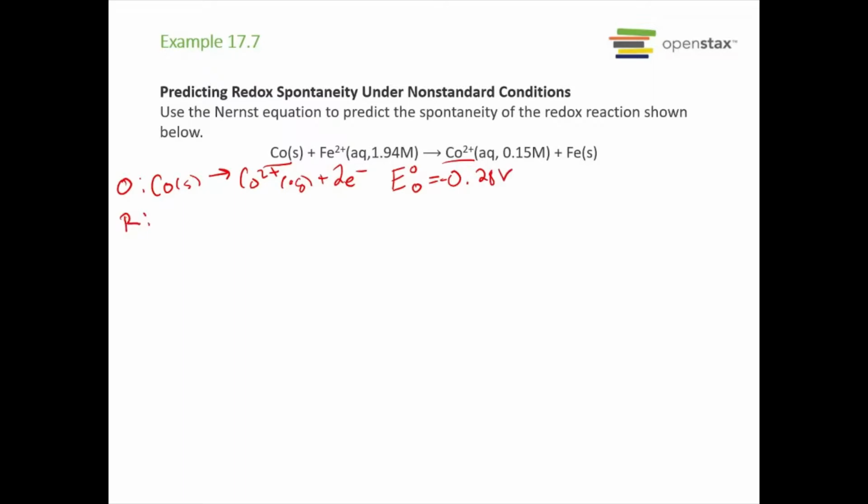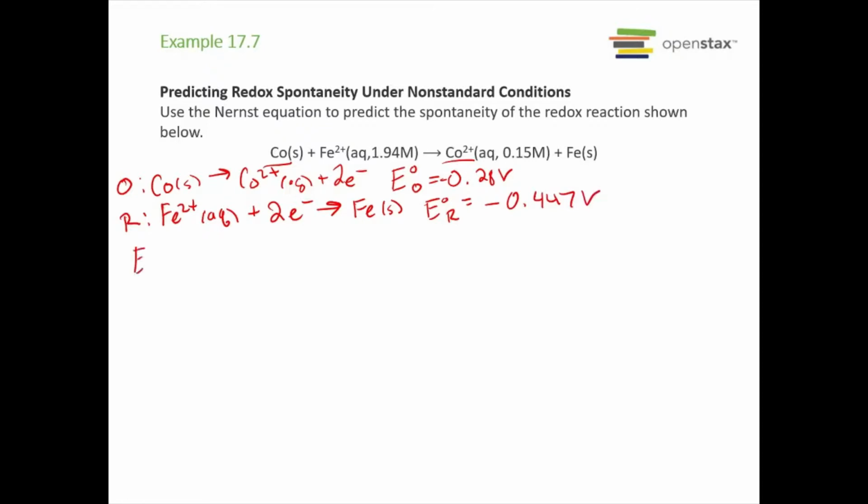So that means that our other half reaction is going to be our reduction at our cathode, which is the Fe2+ plus 2 electrons going to solid iron. And its standard potential is equal to negative 0.447 volts.